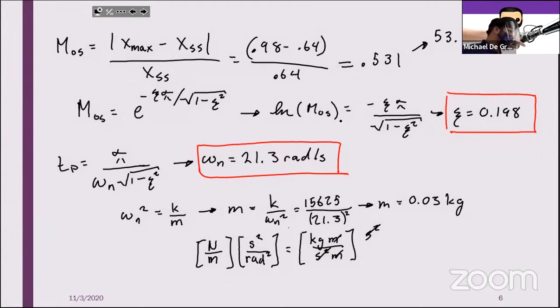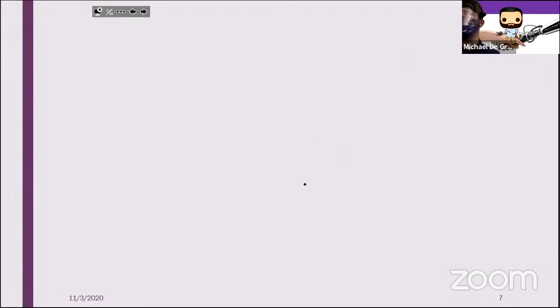Now that we know the mass, we can use this. B over m is equal to 2 zeta omega n. I know zeta, I know omega n, and I know the mass.